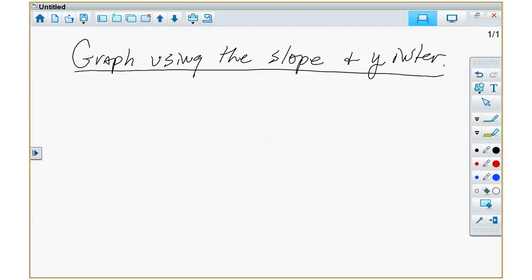Okay, now it's very important that we remember that the standard equation is y is equal to mx plus b. Now, there's several things I want to highlight here, so you might want to get your highlighters out.